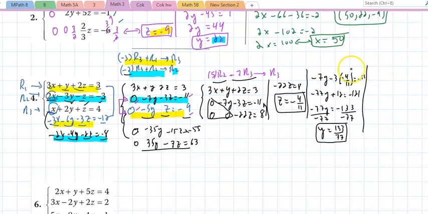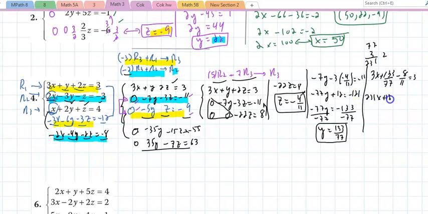So if I take the first equation, that says 3x plus y plus 133 over 77 plus 2 times z, so that's going to be minus 2 times 4 is 8 over 11, and that's going to equal a 3. The LCD is 77, so multiply by 77. 3 times 77, that could be 21, 21, 22, 23.